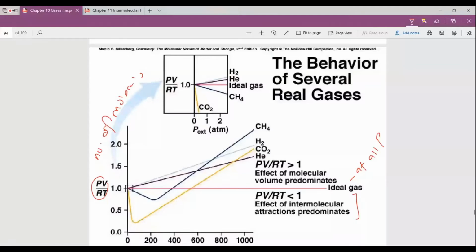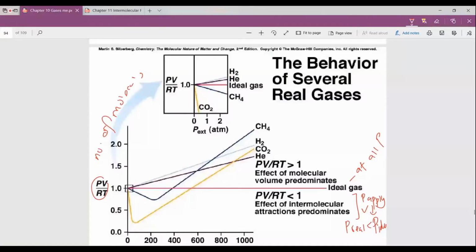The attraction force becomes dominant. When we apply the pressure, the attraction force makes the volume become lower and more molecules are near each other, and that's why P real is less than P ideal. This is the non-ideal behavior of several real gases.